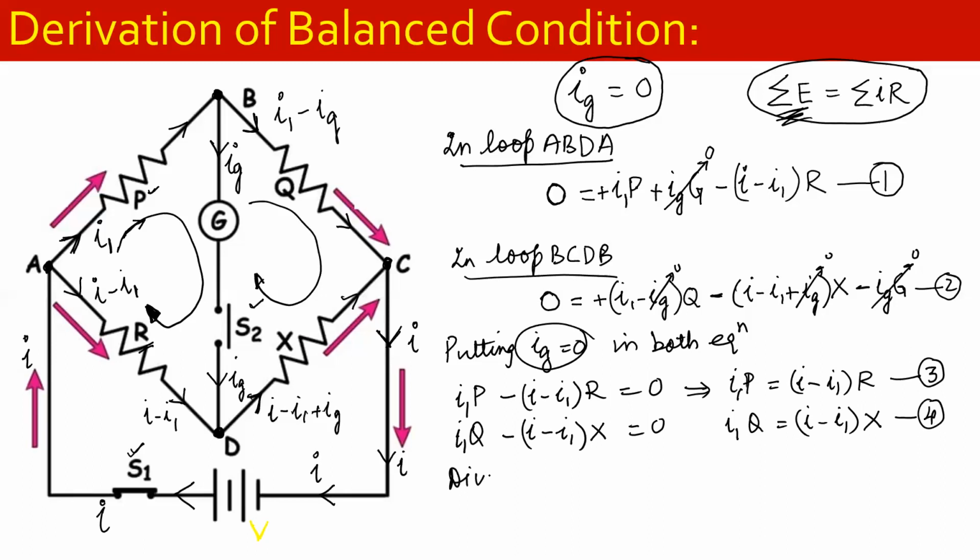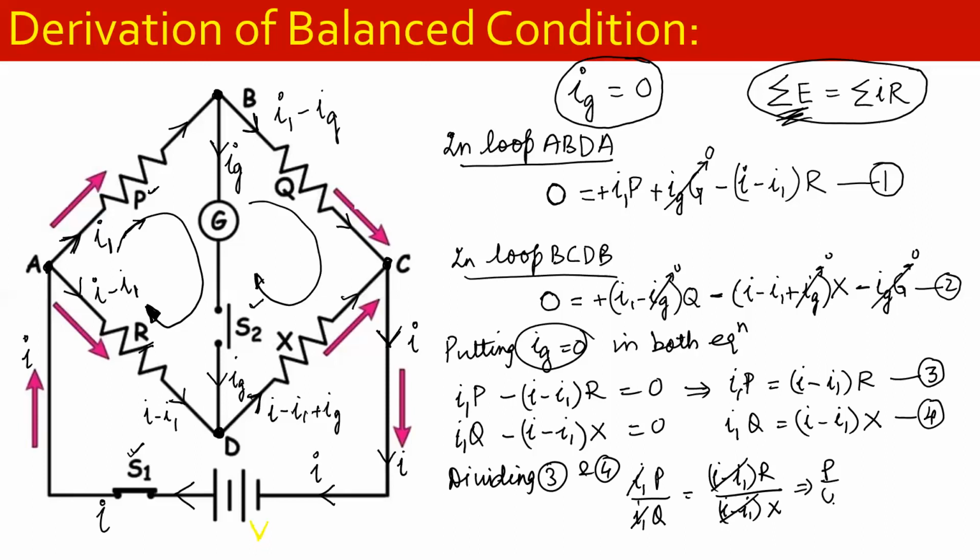Dividing 3 and 4, what we get is I1P upon I1Q is equal to (I minus I1) into R upon (I minus I1) into X. So I1 will get cancelled out, I minus I1 will get cancelled out.